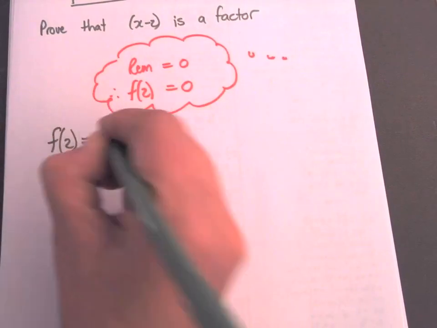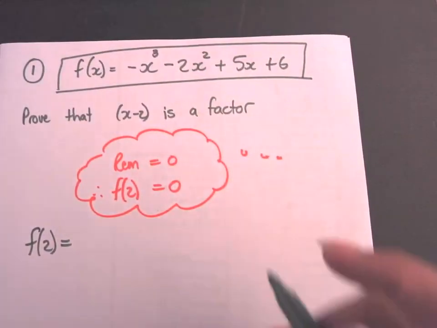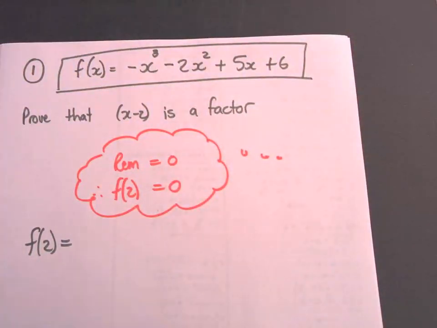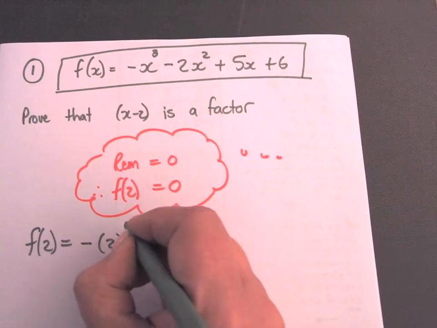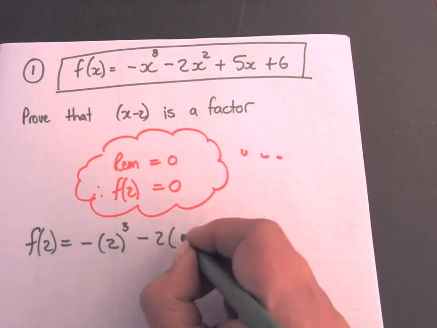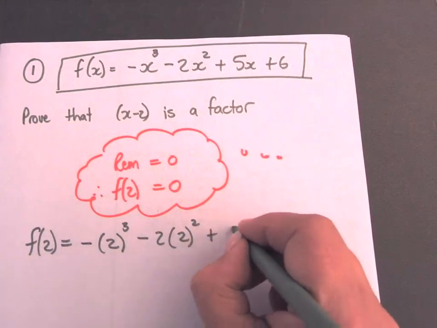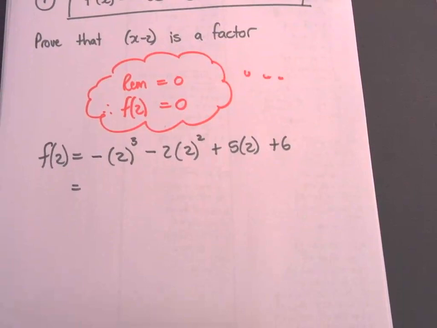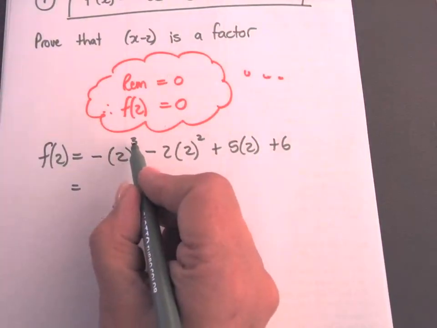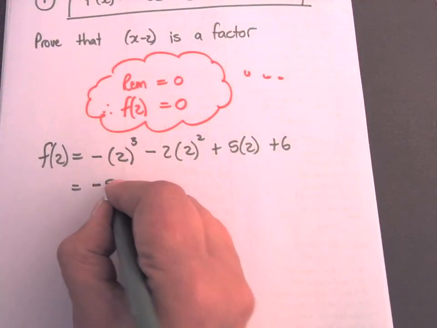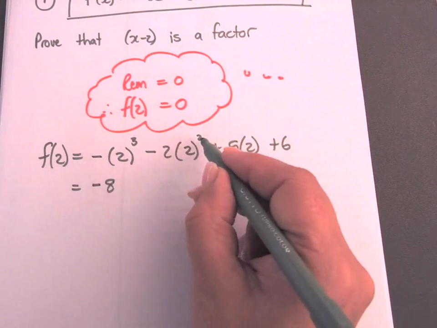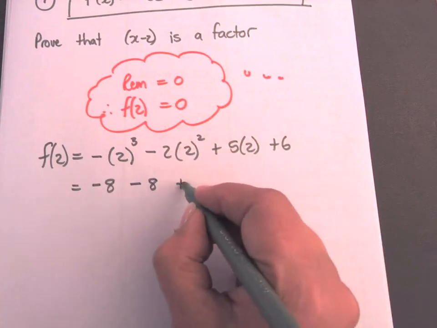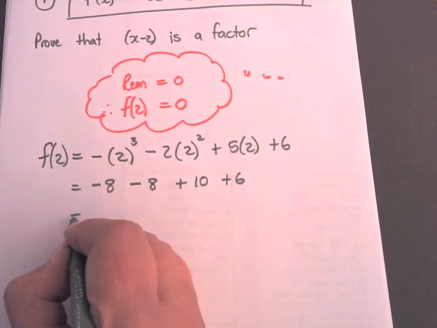f of 2 equals, I have to substitute the 2 into all the x's. Remember, when you substitute, you have to substitute in brackets. Negative 2 to the power of 3 minus 2 times 2 squared plus 5 times 2 plus 6. 2 to the power of 3 is 8 times a negative is negative 8. 2 to the power of 2 is 4 times negative 2 is negative 8, plus 10 plus 6.